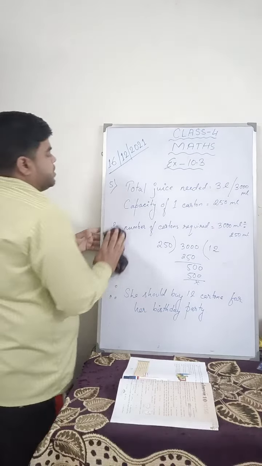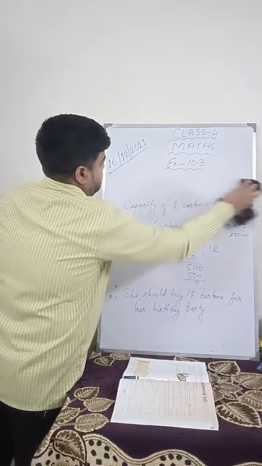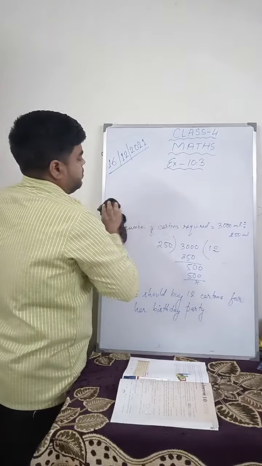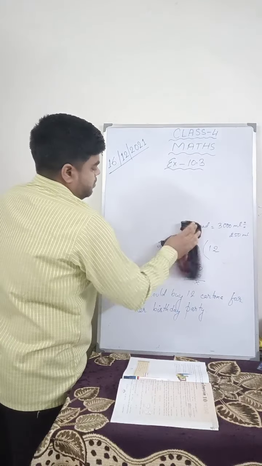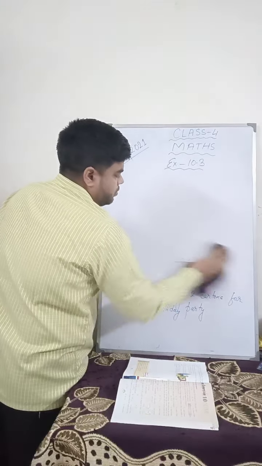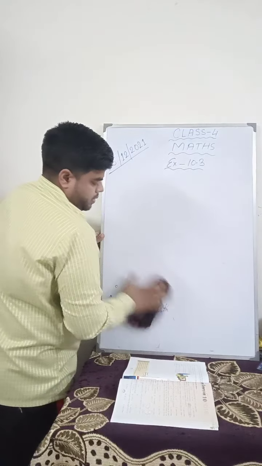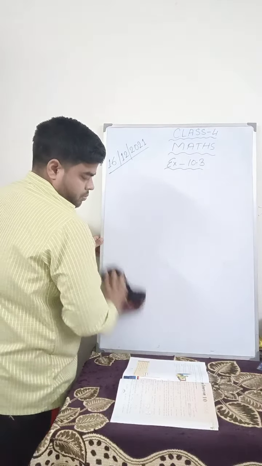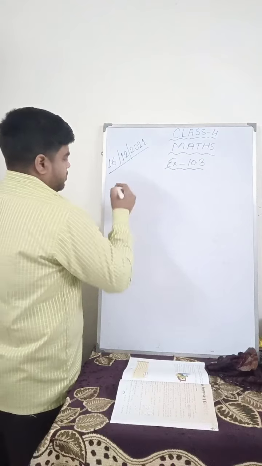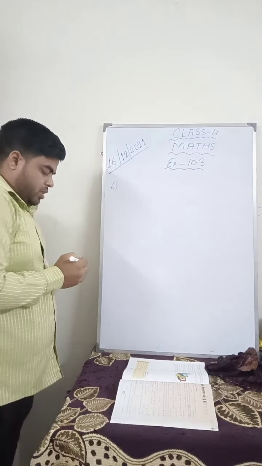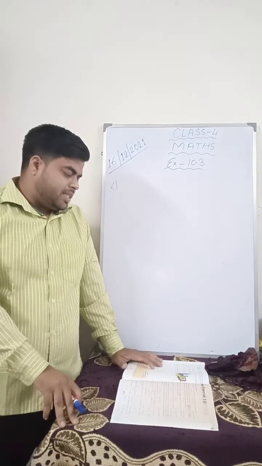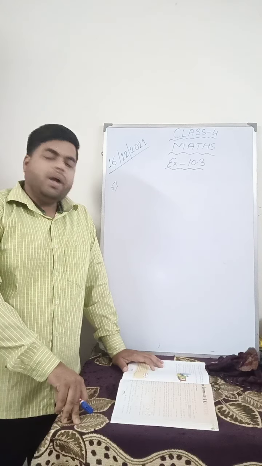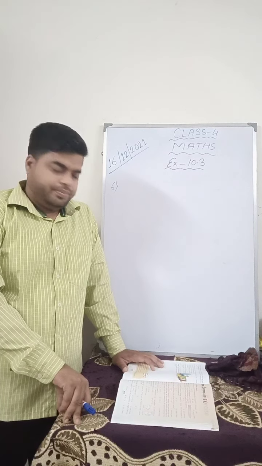Now, question number 6. Question number 6 says, Suresh has a piece of wood that is 1.2 meter long.